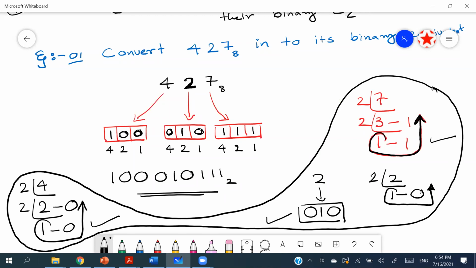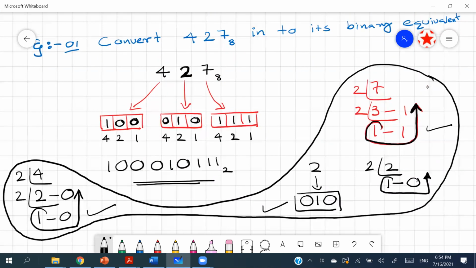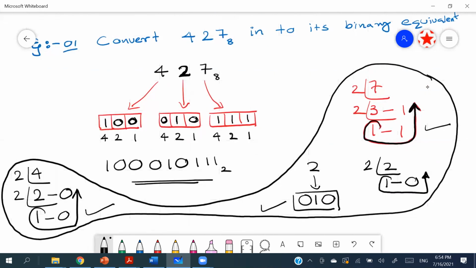Okay, is there anyone still writing this? It seems not, so I'm moving to the next example.